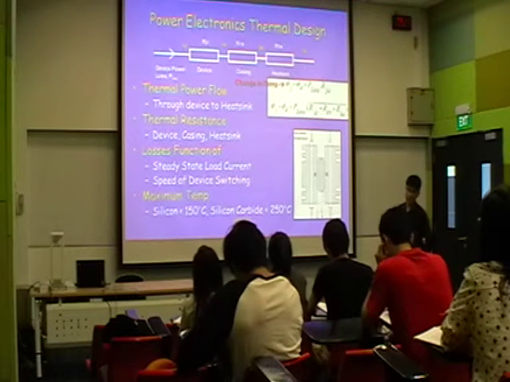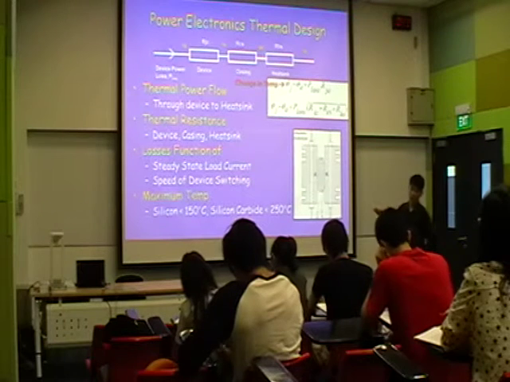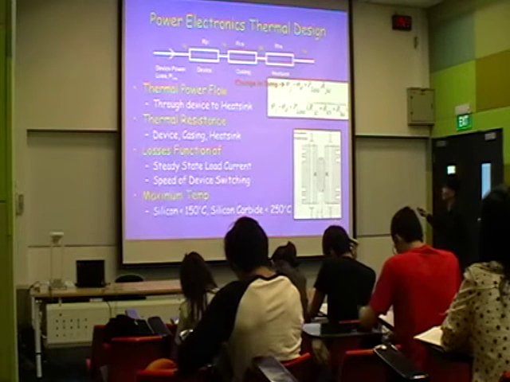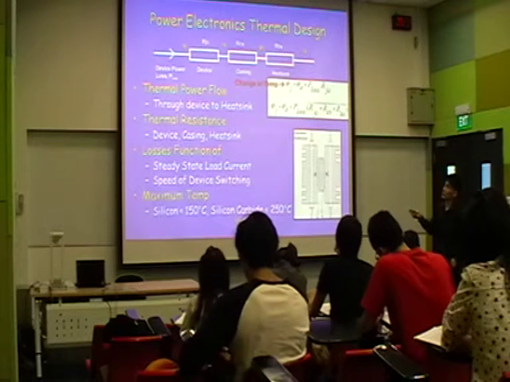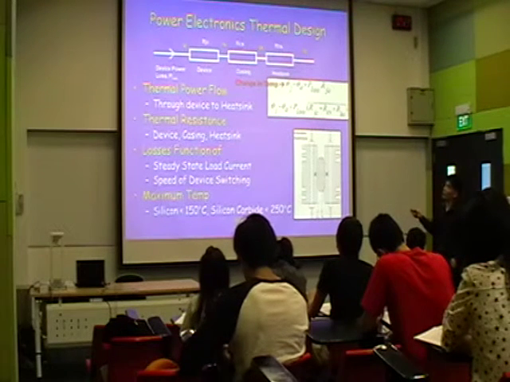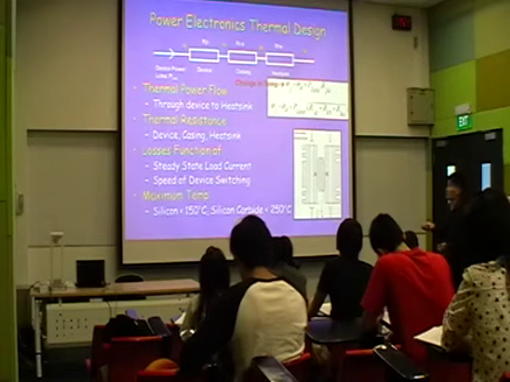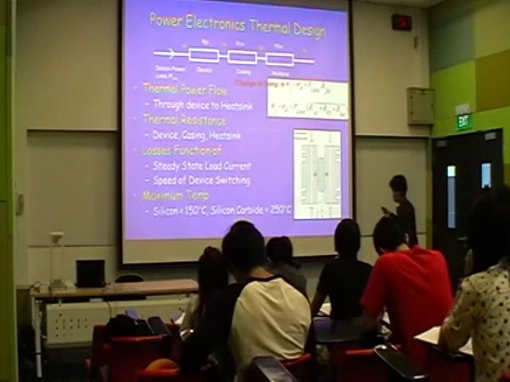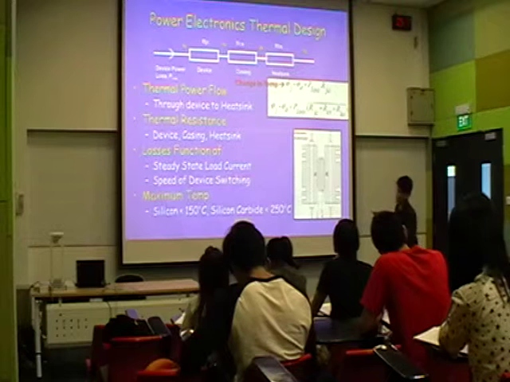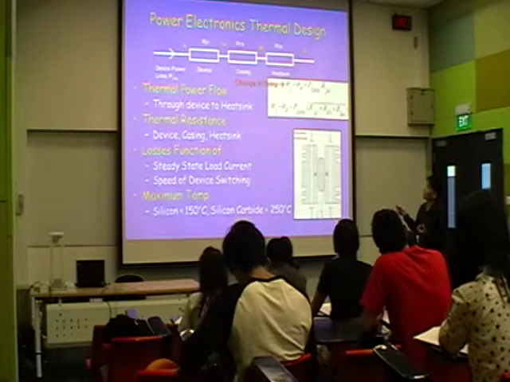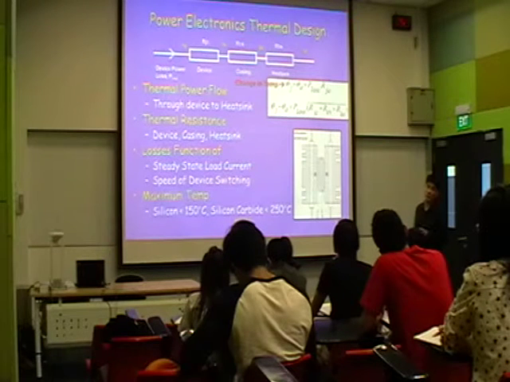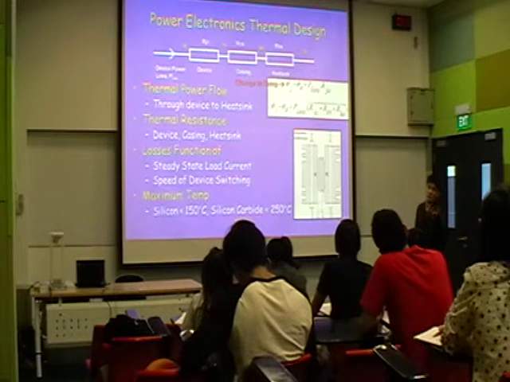The power loss, as you can see from here, you can use I squared R. And the R JA is the sum of all these resistances. If this one is 3 ohm, 4 ohm, 5 ohm, you just add 3 plus 4 plus 5. So you know how much change in the temperature the heat sink will give. The higher the change in temperature, the better, because it reduces the temperature.